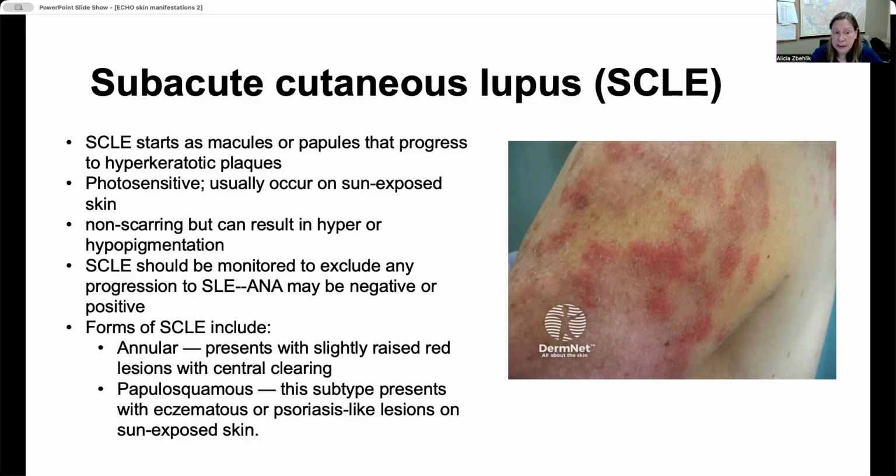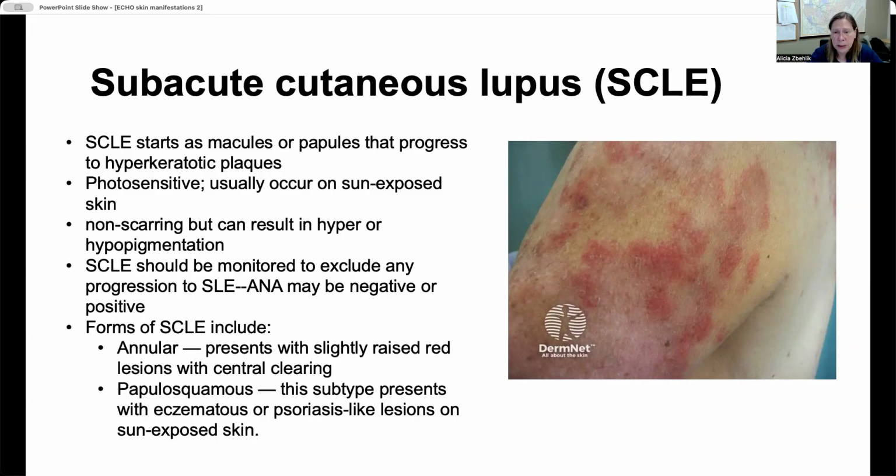Again, it's photosensitive, so people get it in sun-exposed areas. Sometimes in areas that are not sun-exposed as well, it can be triggered by a severe sun exposure. And again, this tends to be a non-scarring version of a lupus rash, but can leave people with hyper or hypopigmentation, which can be disturbing.